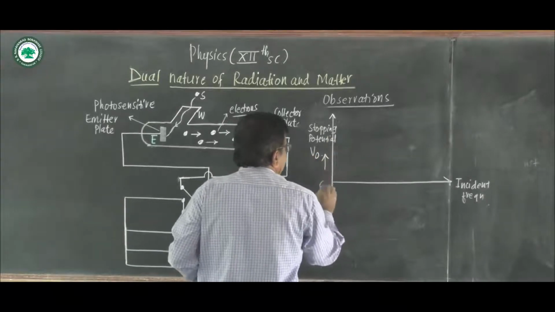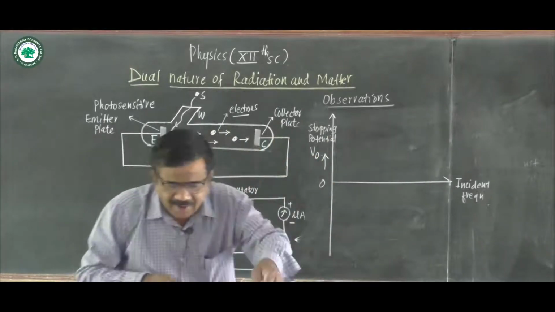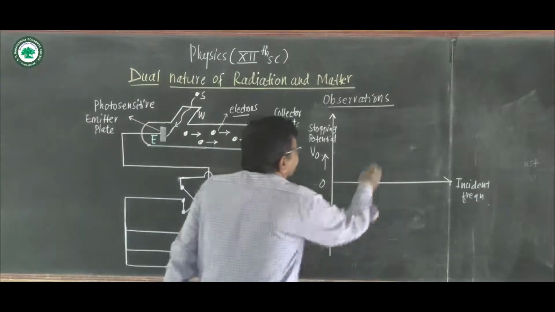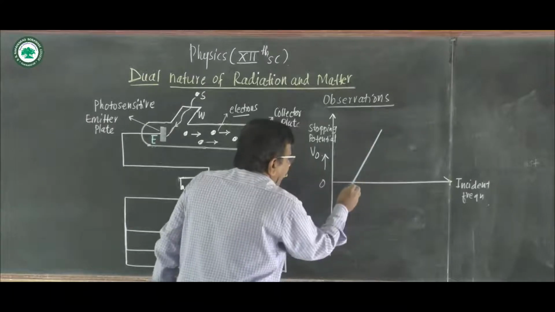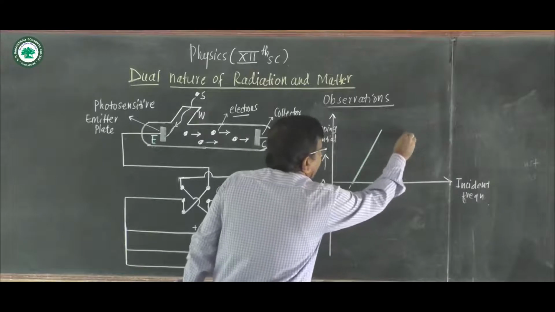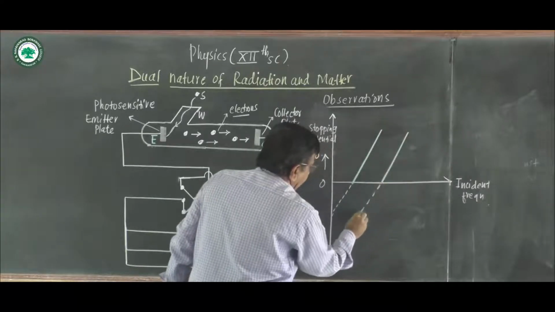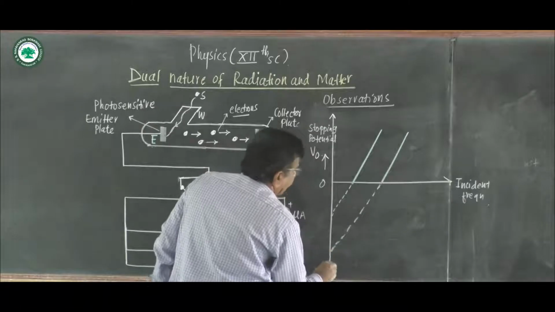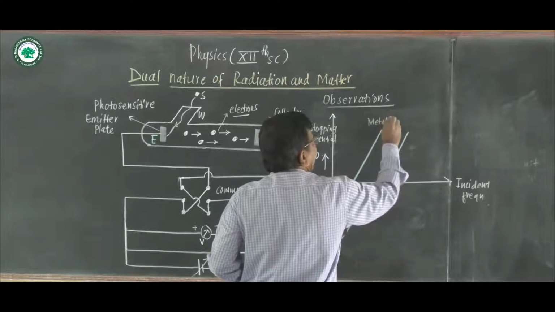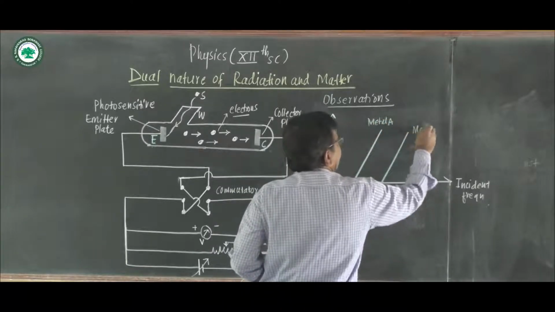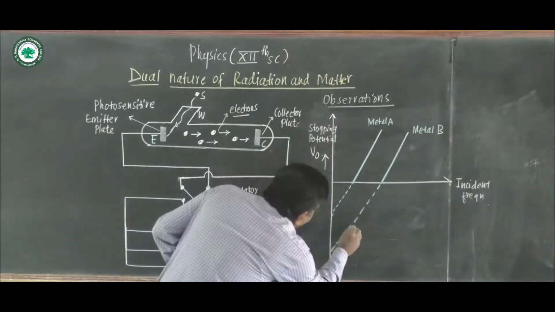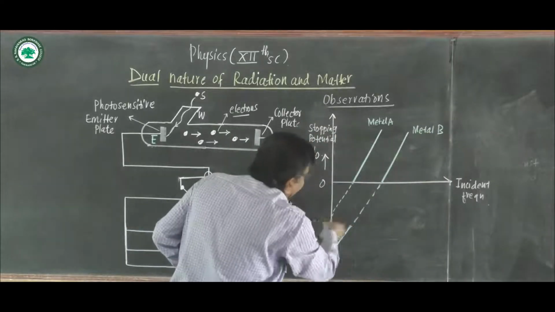If we plot the graph for different metals, metal A and metal B, these are straight lines.